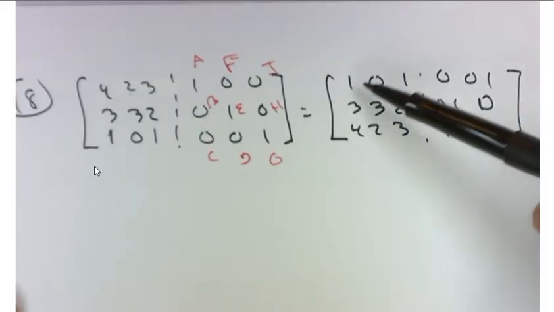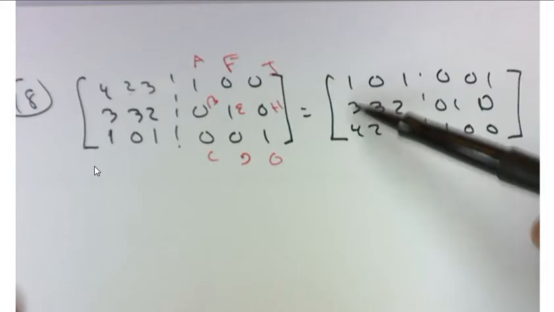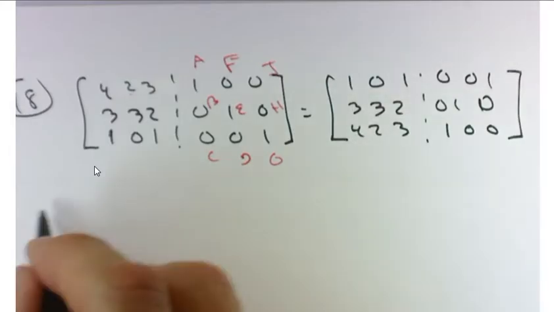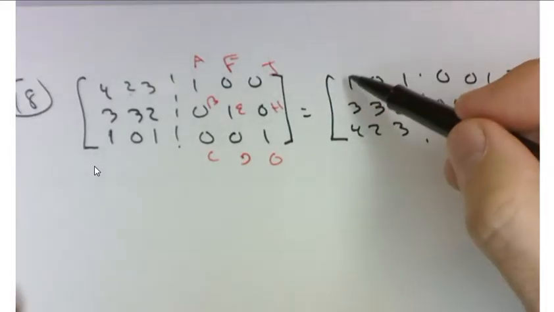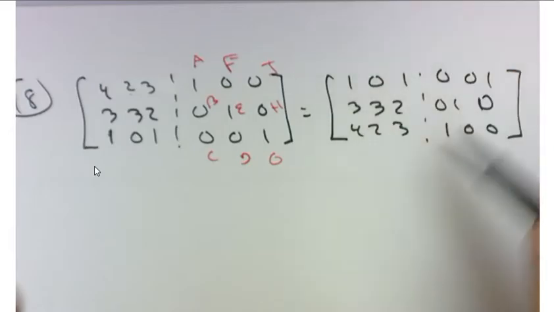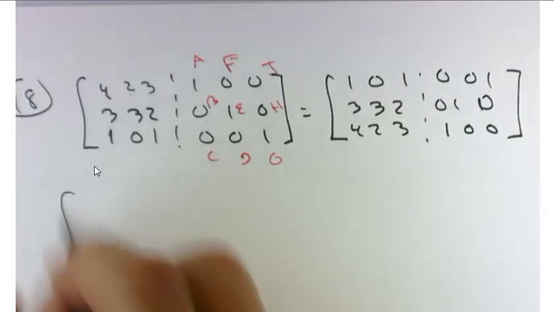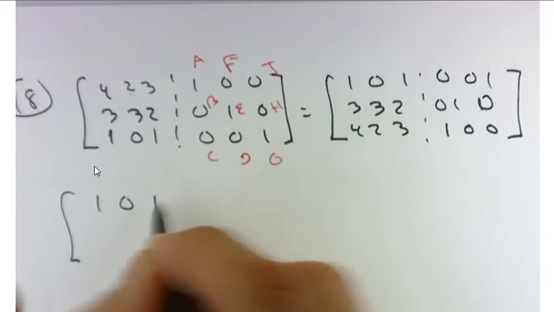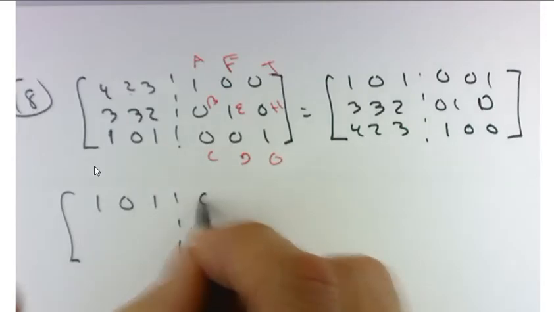So we got a 1 here. Let's get zeros here and here. So I'll multiply row 1 by -3 and add it to row 2. So 1, 0, 1. That's not going to change. 0, 0, 1.